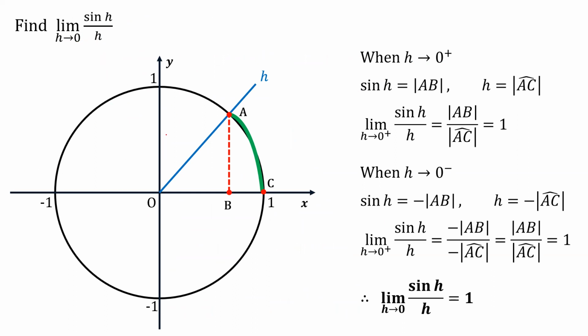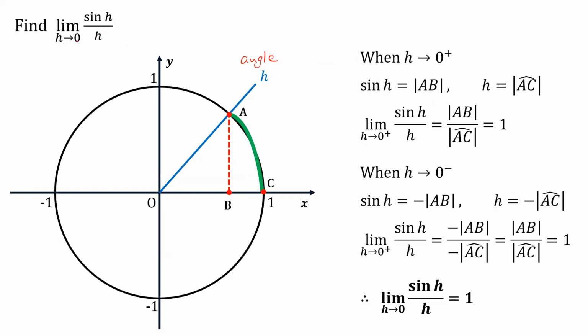So first of all, let's draw a unit circle. Unit circle means the center is at the origin point O, with radius of 1, right? Then let's consider an angle h. So h here is an angle, okay? We need to consider the limit of sine h over h when h approaches 0, right?